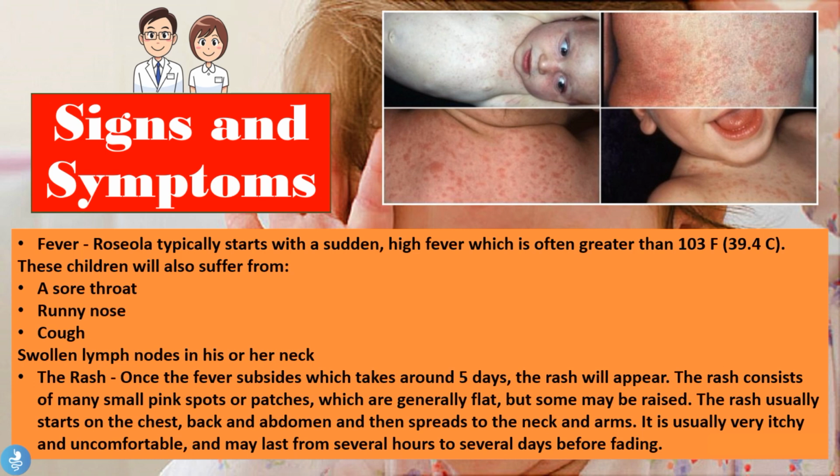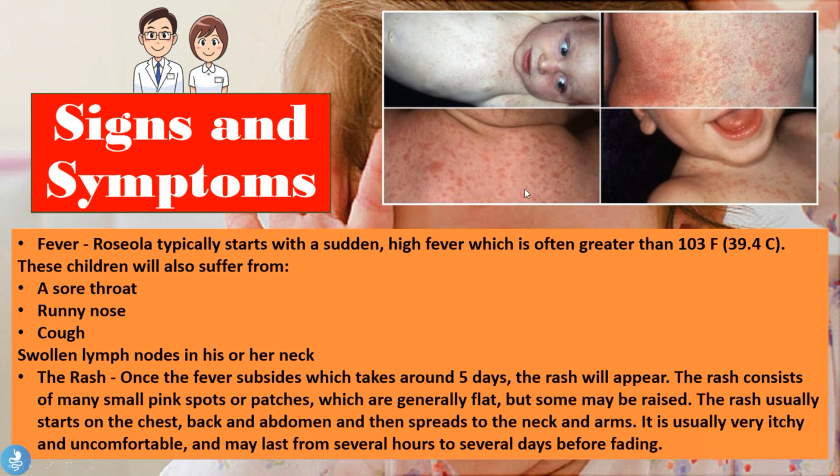Once the fever subsides, which takes around 5 days, the rash will appear, and the rash consists of many pink spots or patches, which are generally flat, but some of them may be raised. The rash usually starts on the chest, back, and abdomen, and then spreads to the neck and the arms. It is usually very itchy and uncomfortable and may last from several hours to several days before fading.